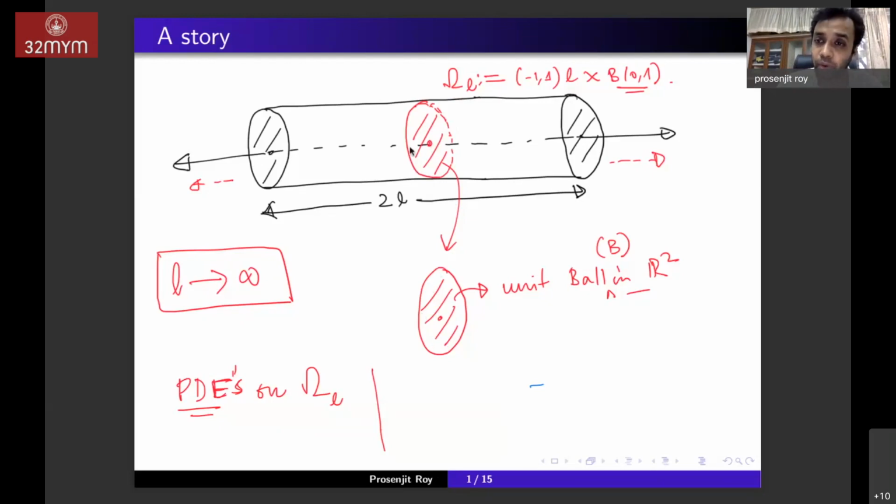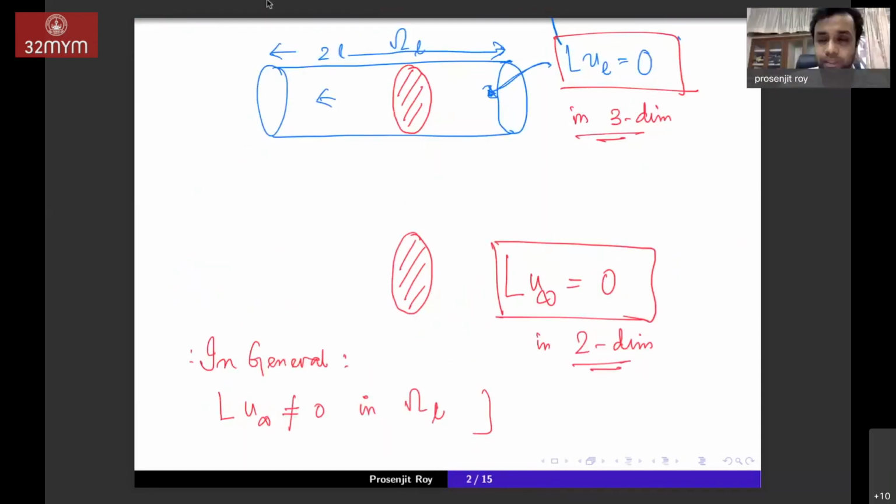So instead of solving on the whole cylinder, they will just solve on this cross section, because this cross section is of dimension 2, and probably they will be able to do the whole computation there. Suppose I have this PDE, some PDE L, which can be a Laplace equation, heat equation, wave equation, whatever. It's a general PDE. So U_L is the solution which depends on the length, which is hard to compute. Instead, engineers and physicists will solve the problem L of U_infinity on this ball in this 2-dimensional set.